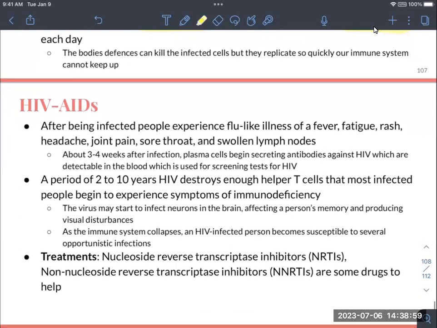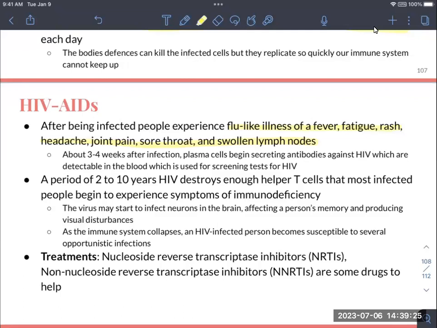Once people get infected, they tend to get flu-like symptoms: fever, rash, fatigue, headache, joint pain, sore throat, swollen lymph nodes. They'll experience that for a little bit, but about 3 to 4 weeks after the infection, these plasma cells start secreting antibodies against HIV.